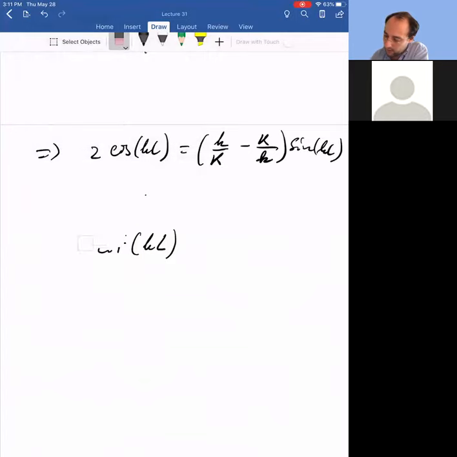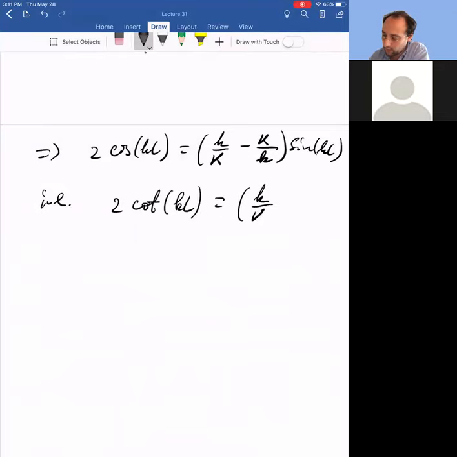Or is not the right word here because it sounds like it's either or, i.e. 2 cotangent of KL equals K over kappa minus kappa over K.